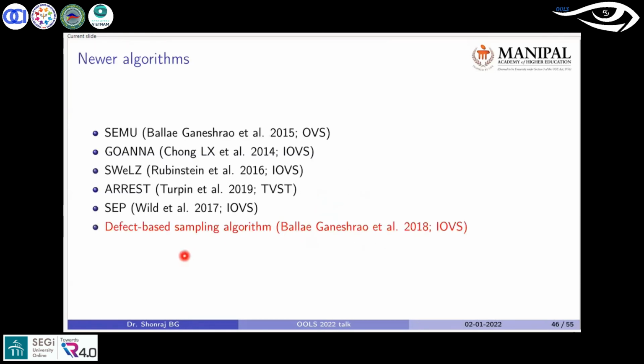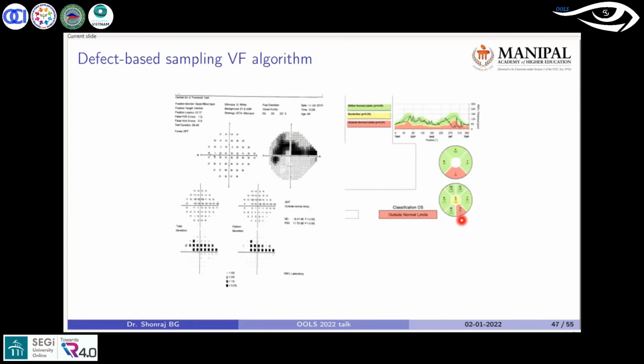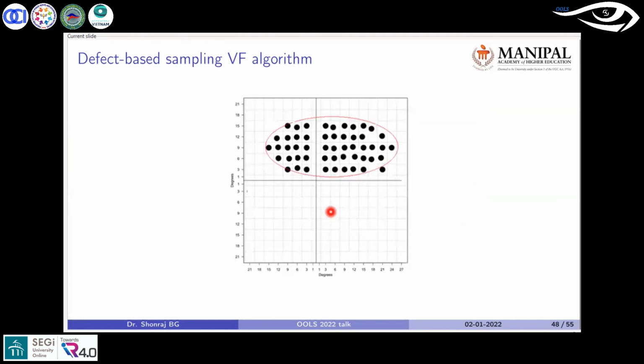Next, the sampling approach I'm going to talk about is the defect-based sampling, which is trying to tackle the issue of picking up small scotomas. Again, the same idea: we know that if you find an inferior arcuate defect in the OCT, there will surely be a superior arcuate defect in the visual fields.